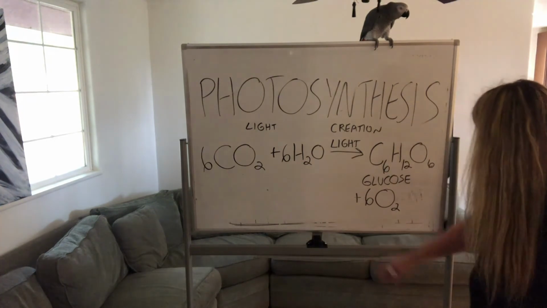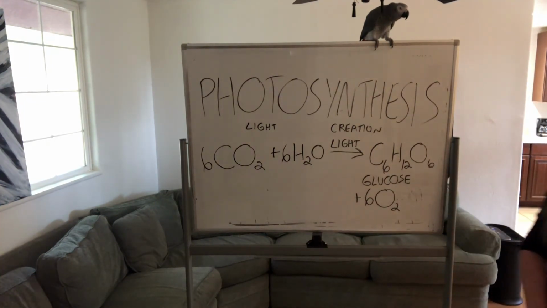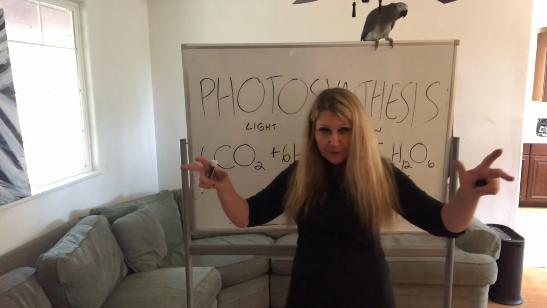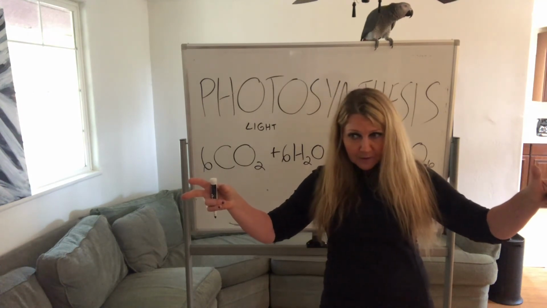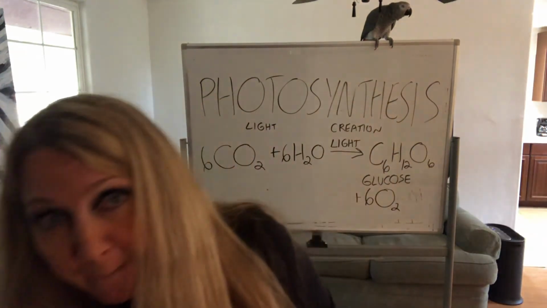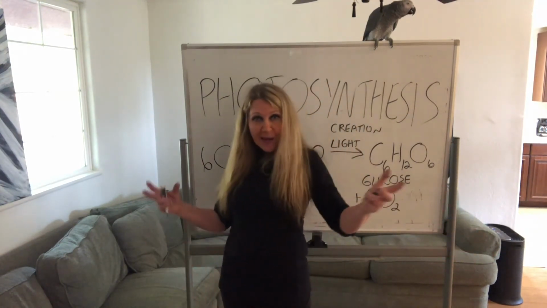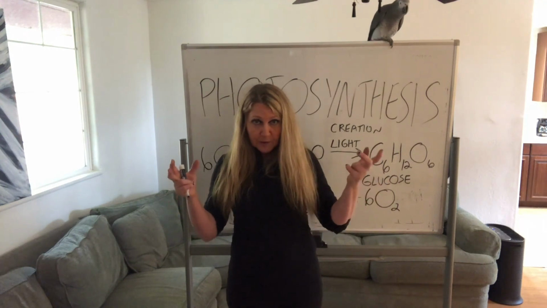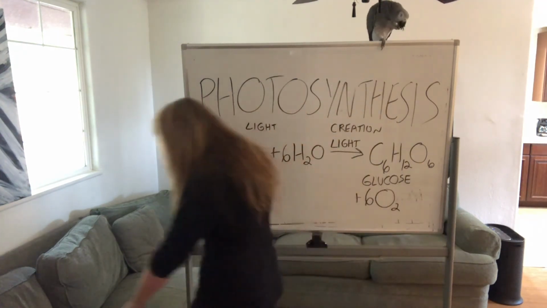So this is the reaction for photosynthesis. Now I'm going to rewrite it so it's on one line. And this happens in the part of the cell called the chloroplast.